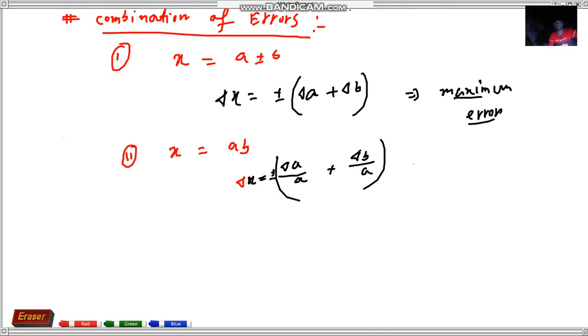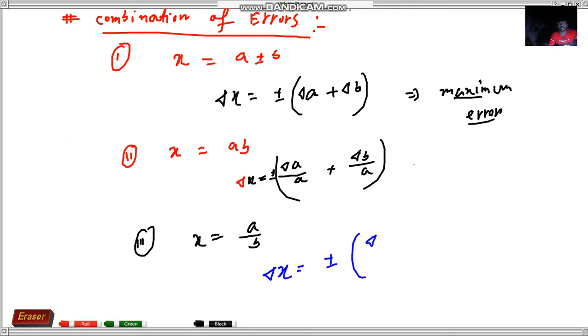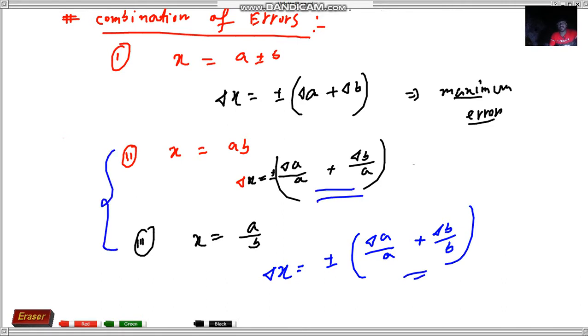Similarly, if we talk about x is equal to a divided by b for the division, then the error in x will be plus minus, the same, delta a over a plus delta b over b. So for multiplication and division, the maximum error will be the same. This result can be proved easily.